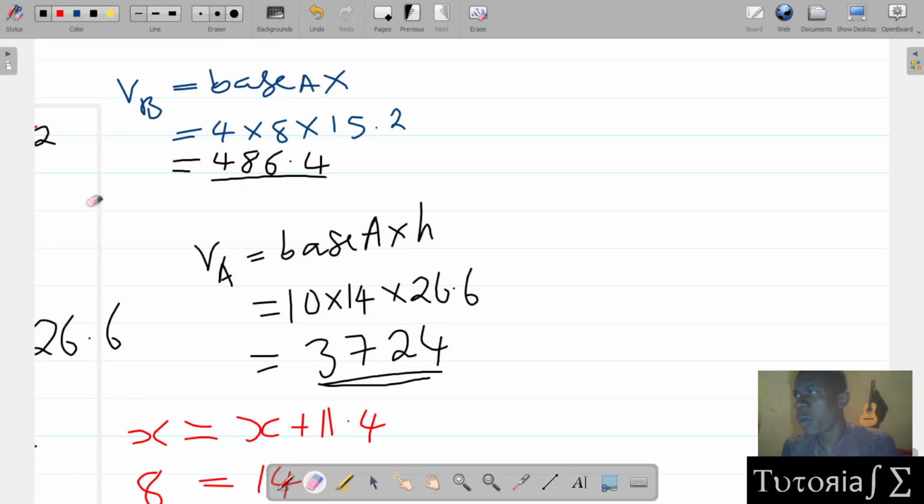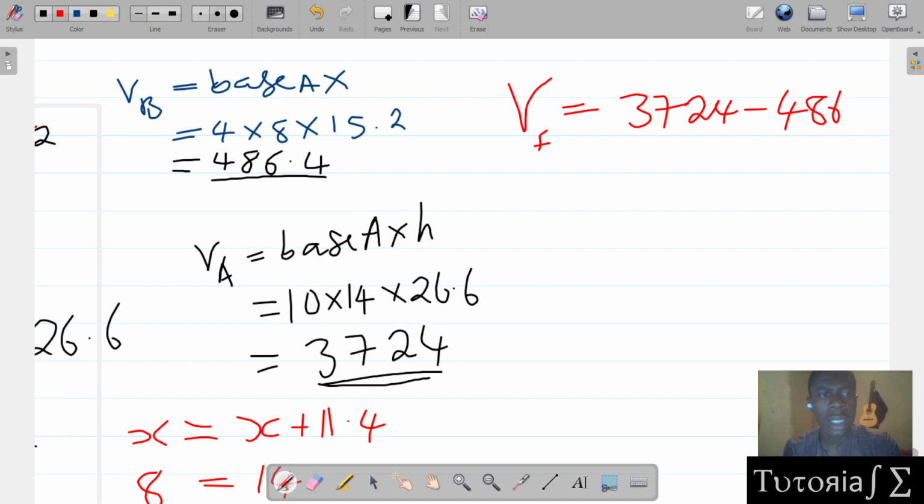So this is the volume of the small, and this is the volume of the big. So we just subtract them to find the final volume. The final volume of the frustrum will be equal to the big volume, which is 3724, minus the small volume, which is 486.4.